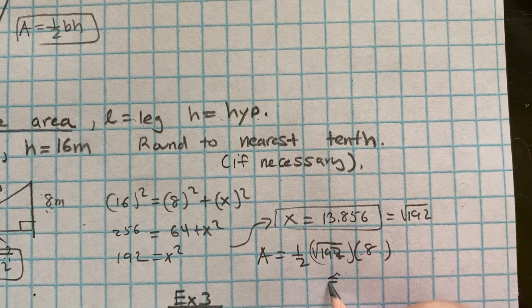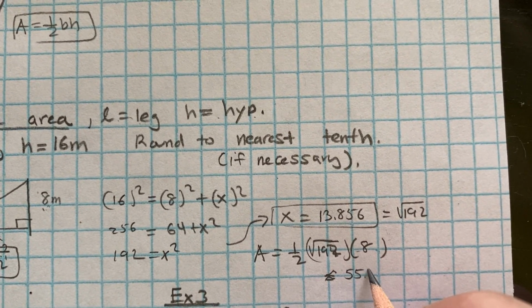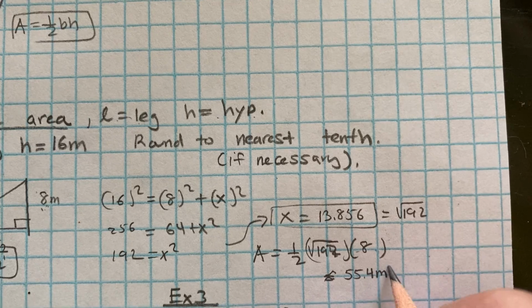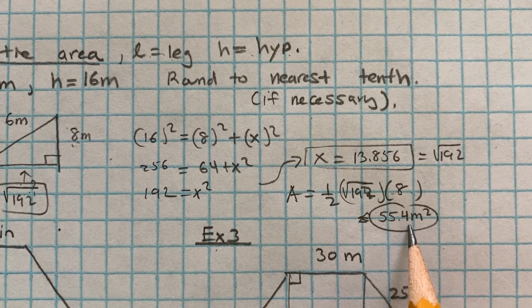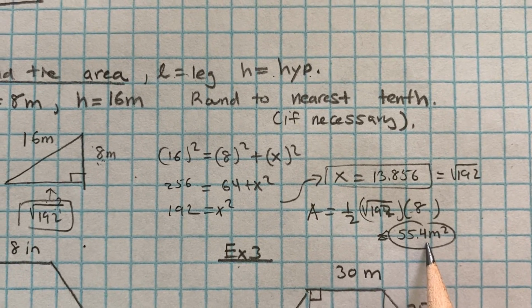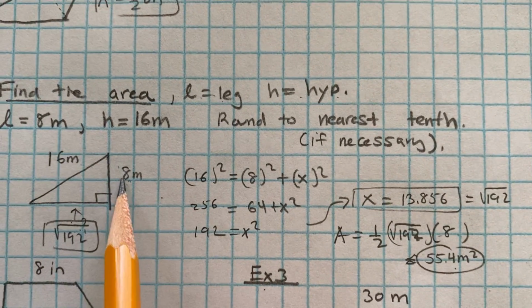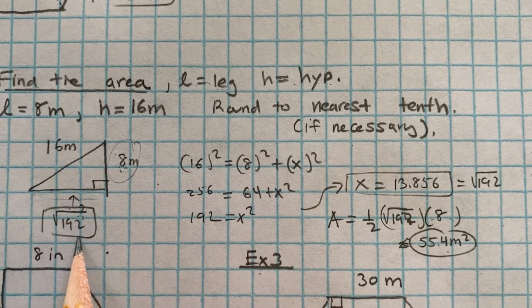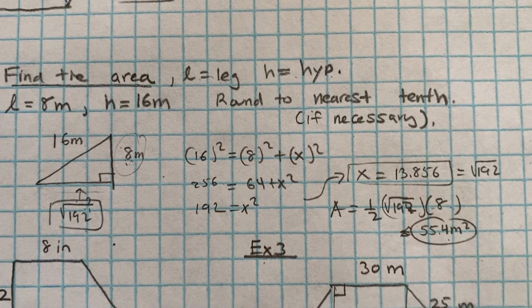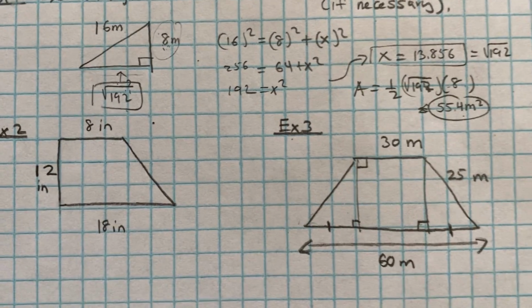You're going to get approximately 55.4 meters squared. Okay, so area is always in terms of square feet or square inches. Could you have called this the base? If you called this guy the base, then this guy would be the height. It's still 1/2 8 times root 192. Okay. All right, moving on.